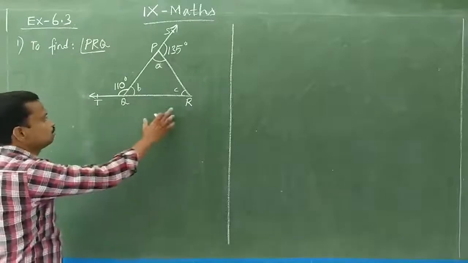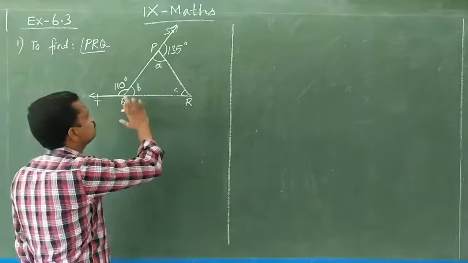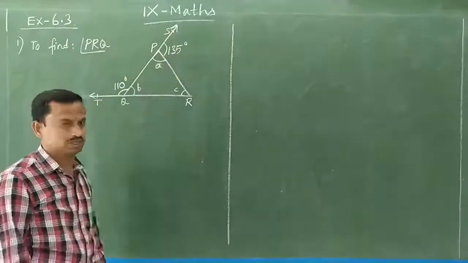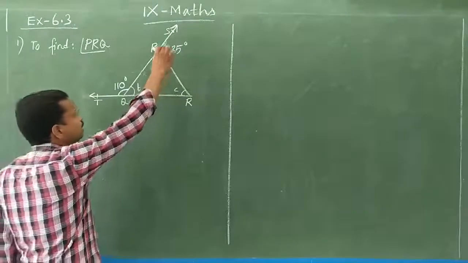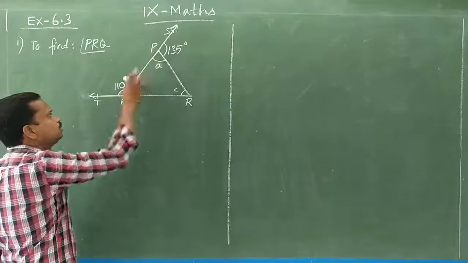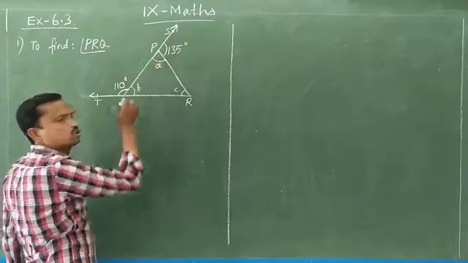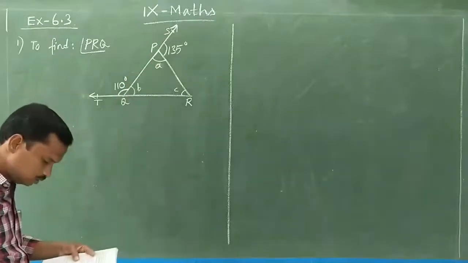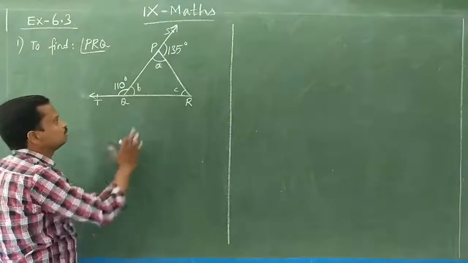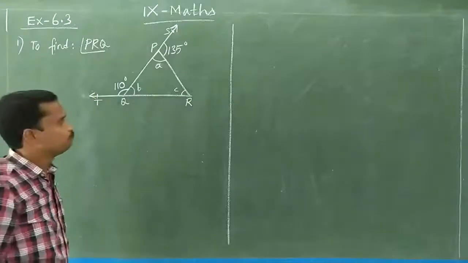You see, RQ is produced up to T and QP is produced up to S. Angle SPR is 135 degrees and angle PQT, or SQT, anyway, because along this line only P and S are there, PQT is 110 degrees. The question is to find PRQ.